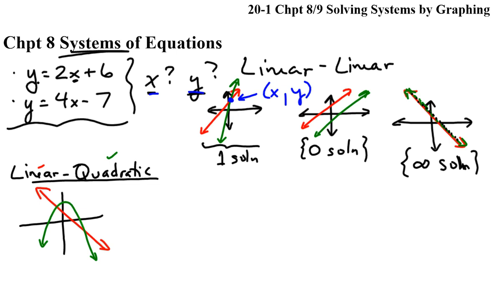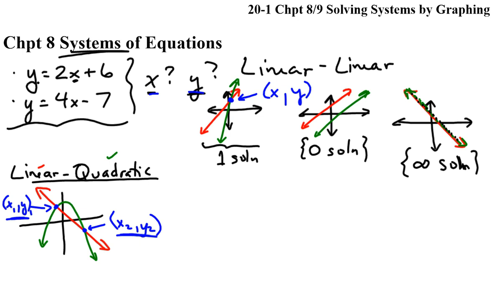So in that case, if we have 2 equations, one being linear, one being quadratic, we're still going to have points. Here's an xy point, the first xy point, x1, y1, but we also have a second point of intersection, which would be the x2, y2 point. So it's possible in a linear quadratic that we're going to solve and get two solutions.